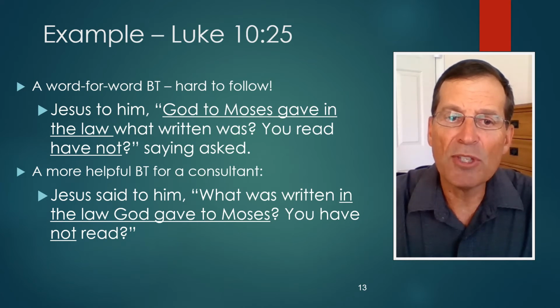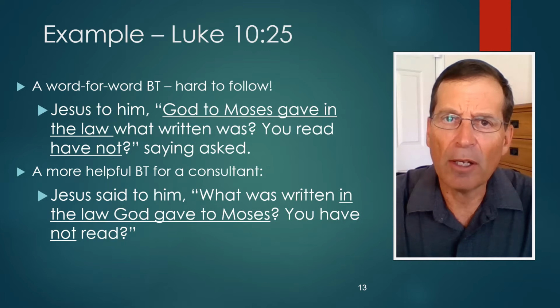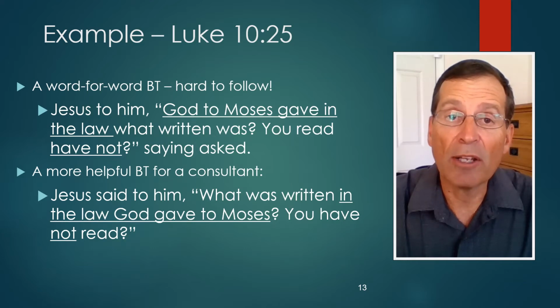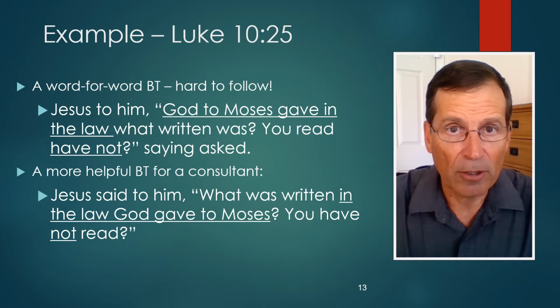So in the first word-for-word literal back translation, God to Moses gave in the law is hard to follow and understand. But in the second one, in the law God gave to Moses, that is then much more clear for the consultant to understand.